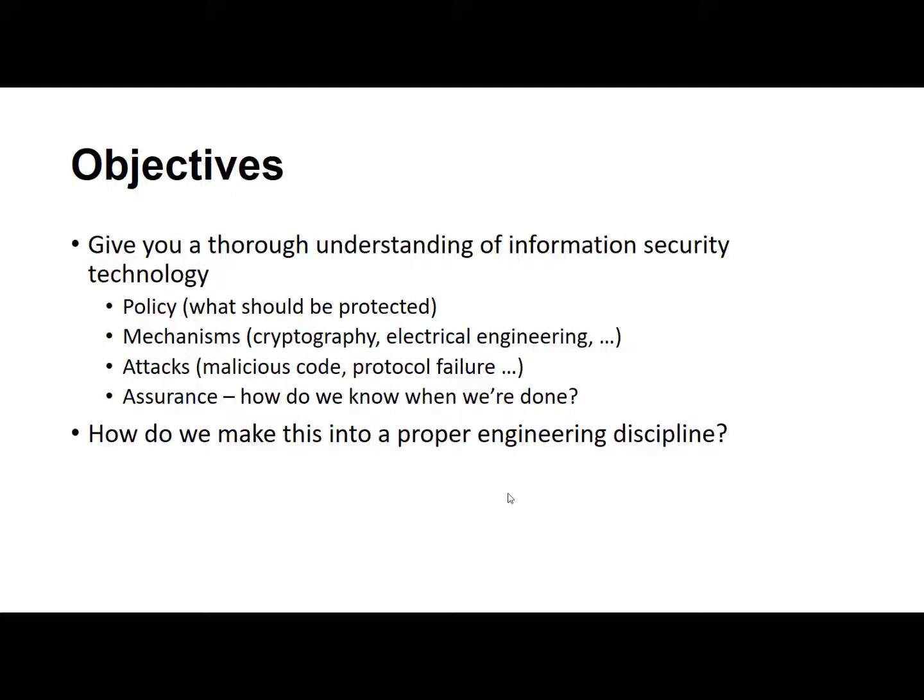Also, we need to understand attacks, for example, malicious code, protocol failure, and so on. We will use some cases to analyze the attacks. Also, the fourth thing we need to understand is assurance. That means how do we know when we are done? That's important.